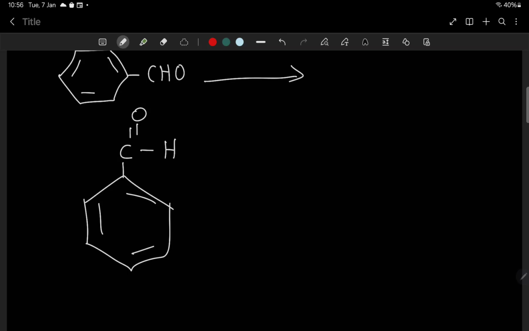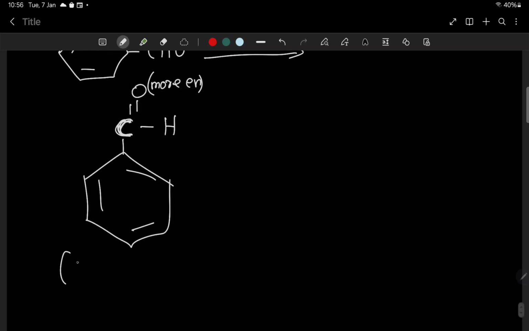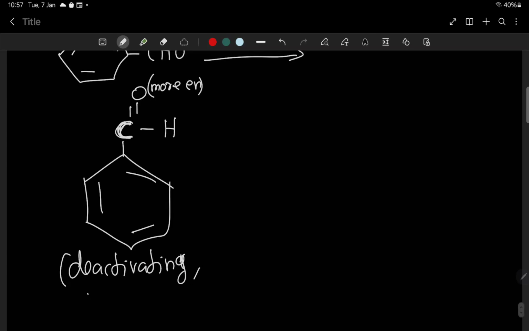If this carbon is attached to any atom which is more electronegative than carbon, oxygen is more electronegative than carbon, always understand this group will be deactivating and meta-directing.